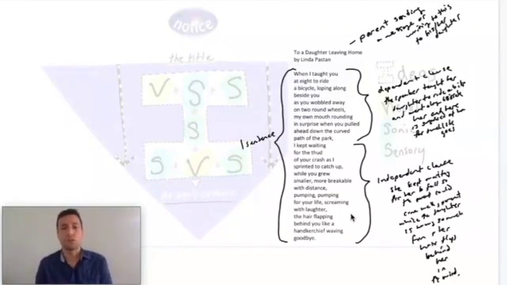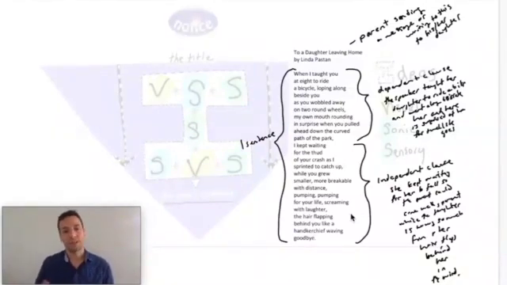Okay? And so in the first one, when I taught you to ride a bicycle, we have a speaker who taught their daughter to ride a bike and is surprised at how she goes, right? And how she moves forward. That's basically the dependent clause. Afterwards, we have the speaker saying that she kept waiting for her daughter to fall so she could help her if she needed to.